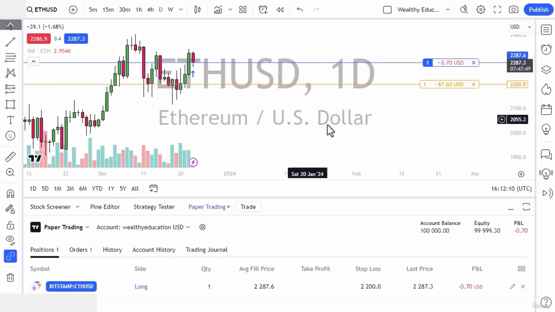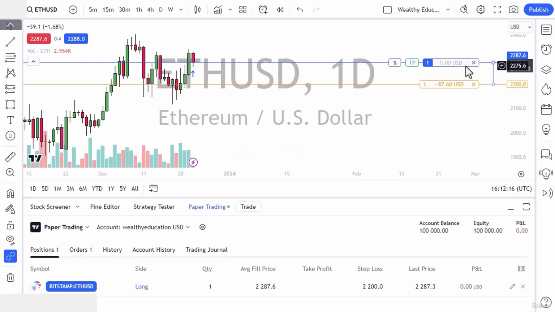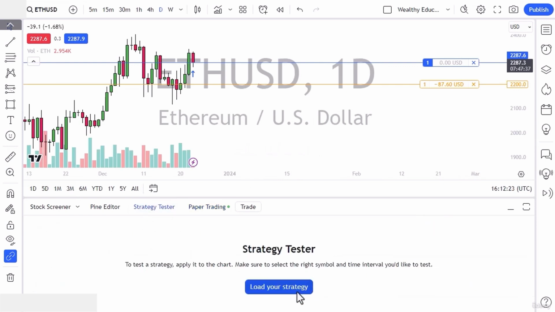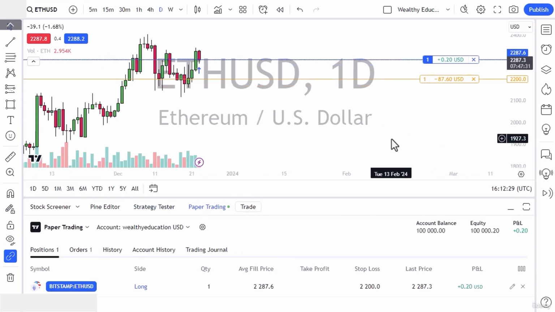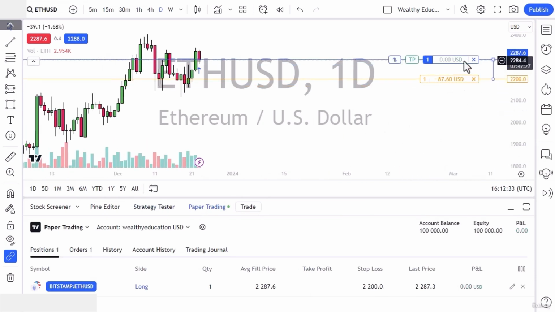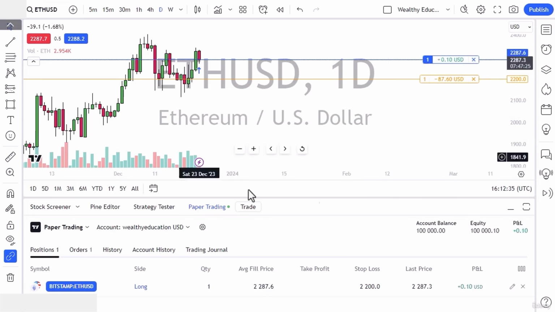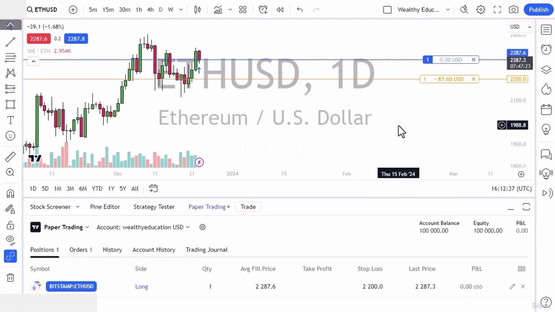The measuring tools for TradingView are part of what makes it so interesting, but at the same time, you have the ability to test your strategies. There is a strategy tester here, and you can load your strategy, but that involves knowing, I believe it's Pine, the language that they use to build strategies and automatic trading in TradingView.